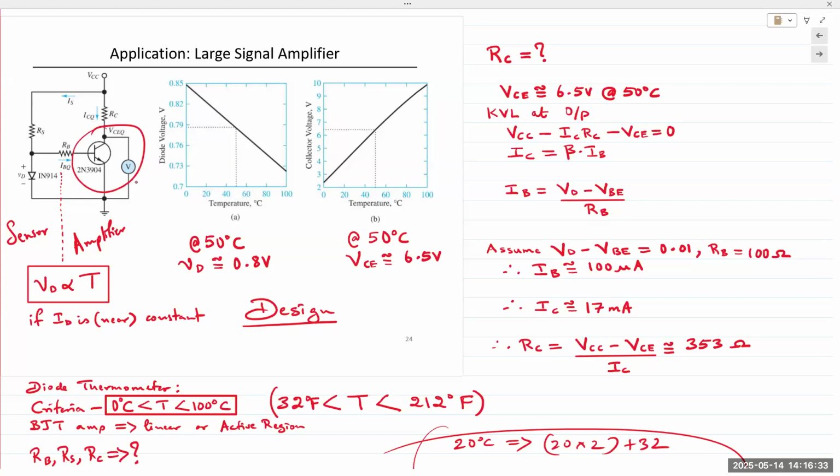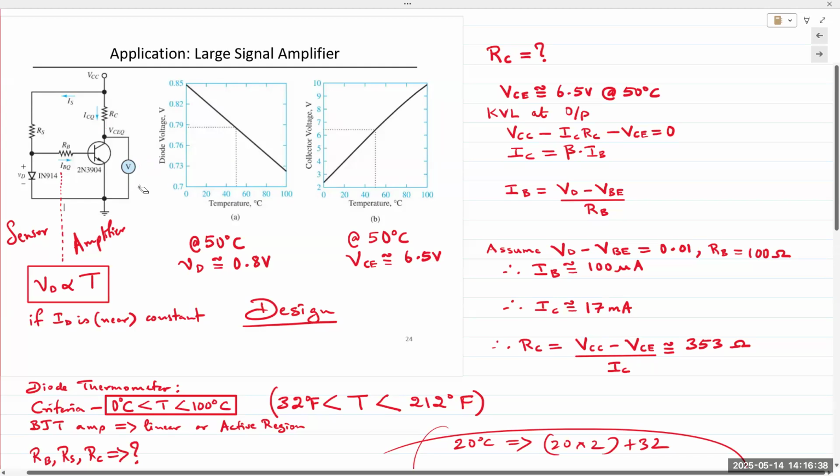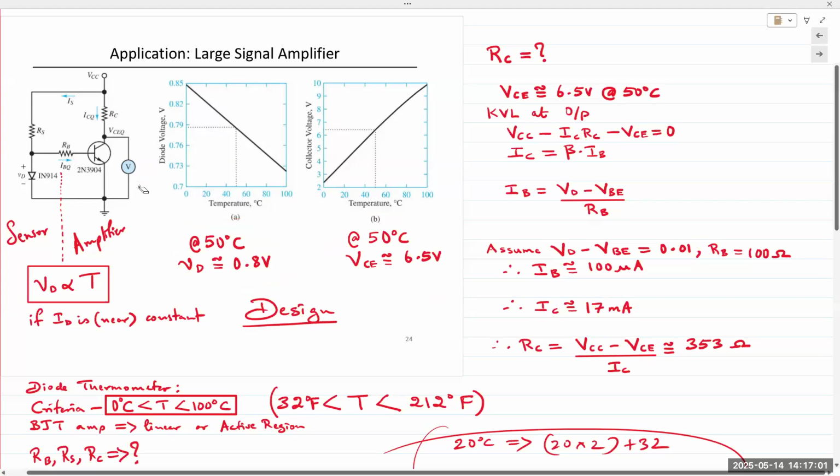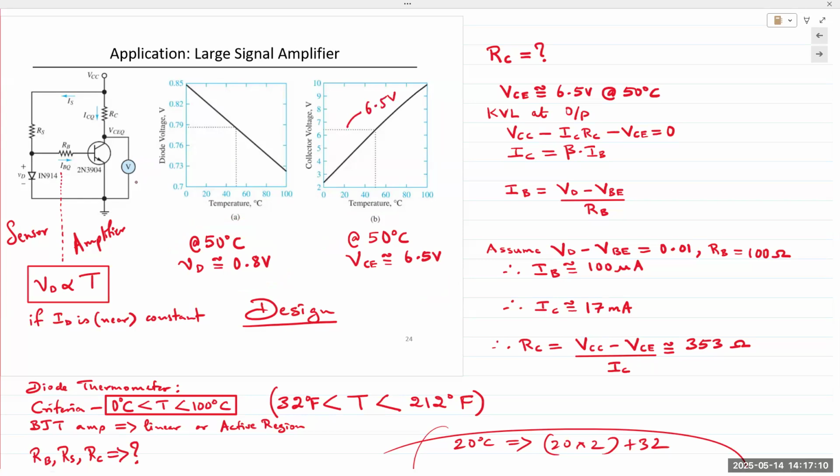So if you want to operate between 0 and 100 degrees C, we want to bias the transistor somewhere in the middle of our desired operation. So the middle of the active region and the middle of the desired operation. So VCE should be set somewhere in the middle, around 50 degrees C. Everything that we work on in the circuit is at a temperature of 50 degrees C. At 50 degrees C, VCE is about 6.5 volts.